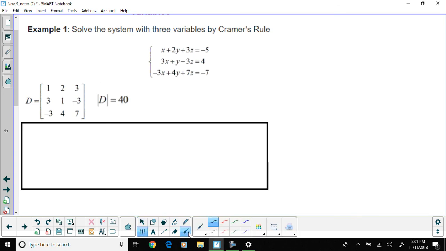On the Texas Instruments, you're looking for a little button that says STO, with a little arrow at the end, which means I put in matrix.